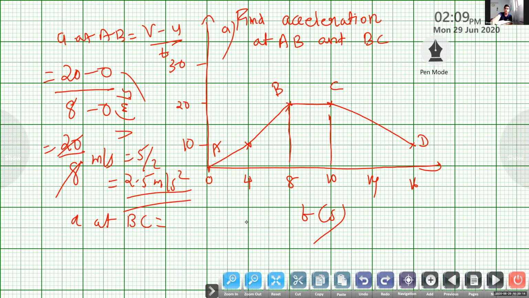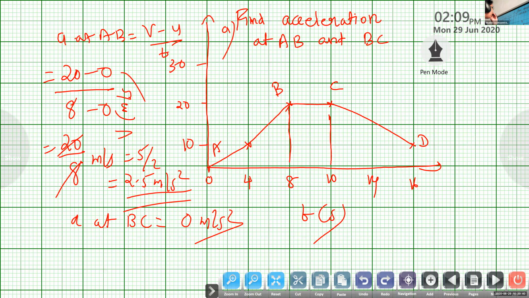No. So what is your answer? 0. Acceleration means there should be change. The car is not stopping. The car is moving. So uniform velocity is there.